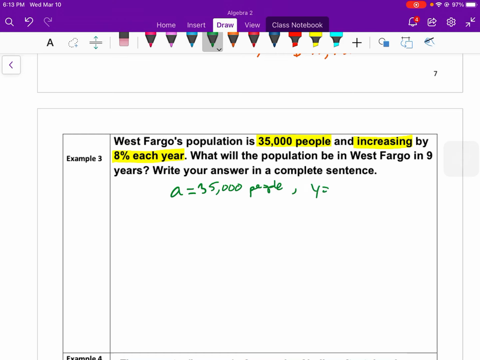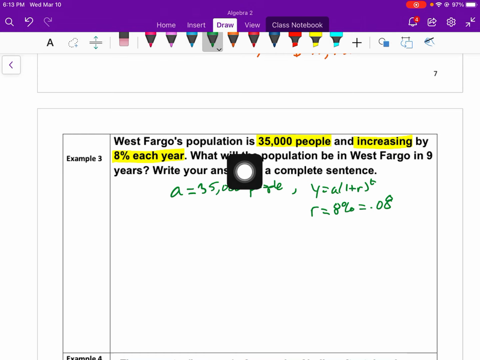We are increasing, so it's going to be y equals a times 1 plus r to the t power. And we're increasing by a rate of 8%, which can be written as 0.08 in decimal form. That's 8 hundredths.